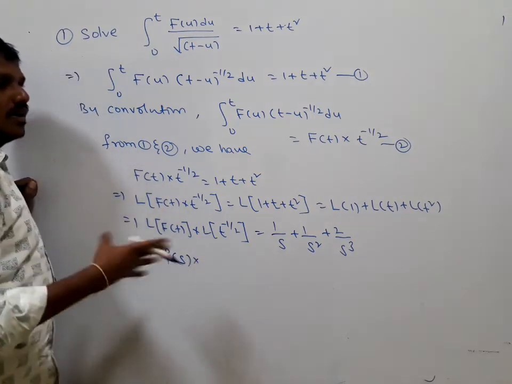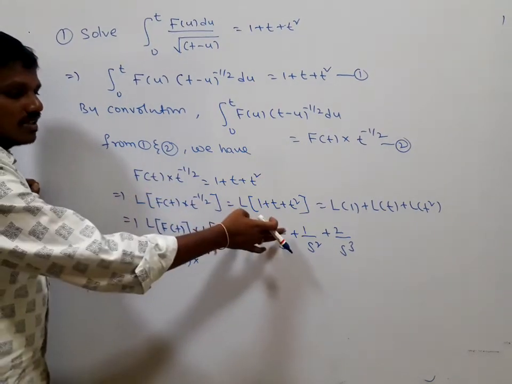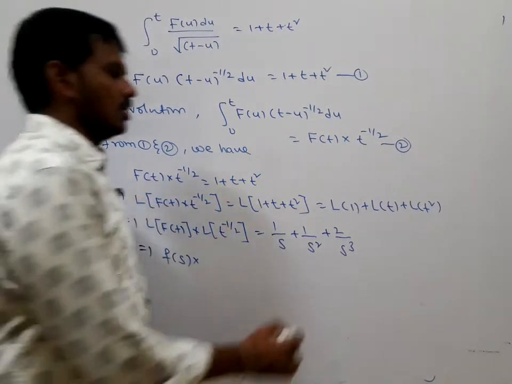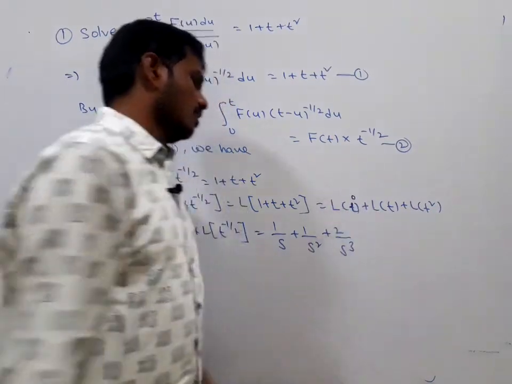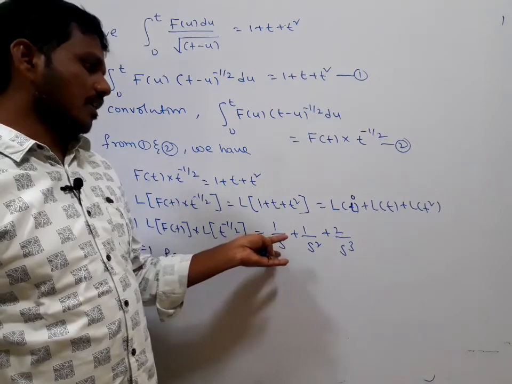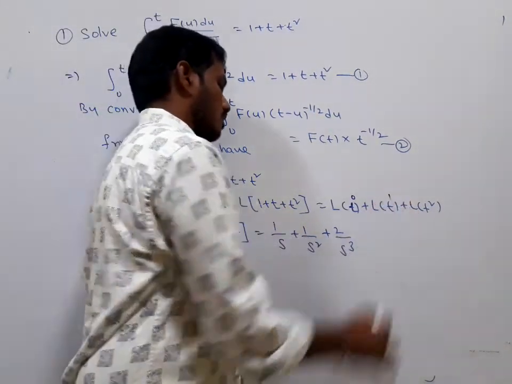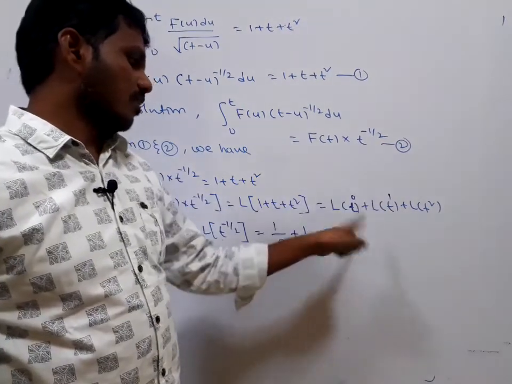Laplace transform of t to the power of n, with n a positive integer: here t to the power of 0 gives 0 factorial divided by s to the power of 0 plus 1, that is 1 by s. For n equals 1, 1 factorial divided by s to the power of 1 plus 1. For n equals 2, 2 factorial divided by s to the power of 2 plus 1.